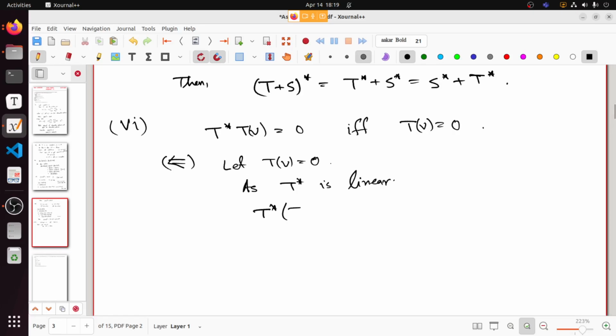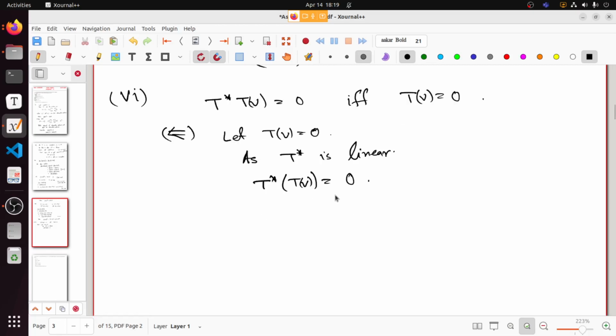So T star T v will be 0, right? So T star T v is 0. So we get the converse direction. Now you have to prove the other direction. So you have to prove that if T star T v is 0, then T v is 0, right? So consider this, right?